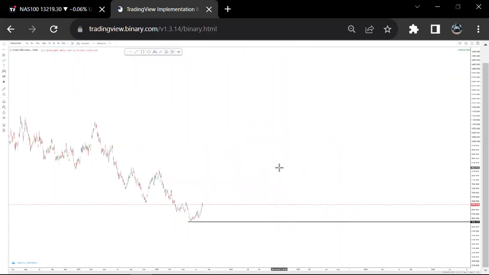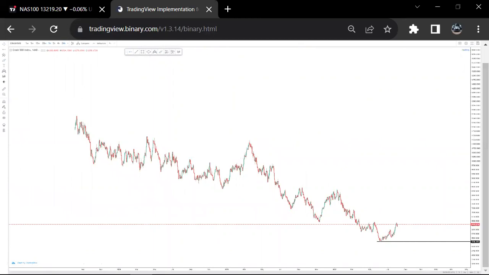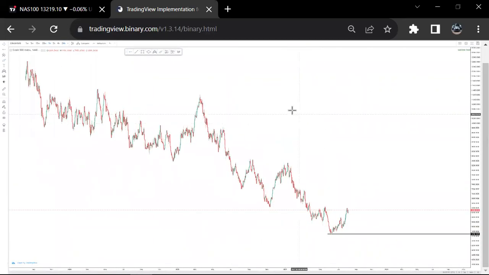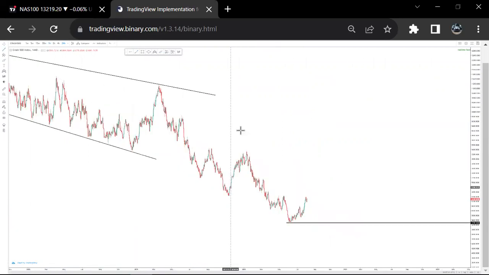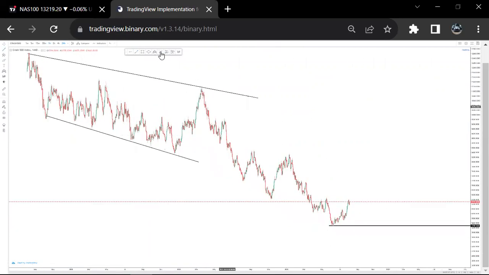Can't really say much about it, guys, because by looking at the structure, you can tell that there is no hope here. But okay, let's try to get hope on it, guys, you know.